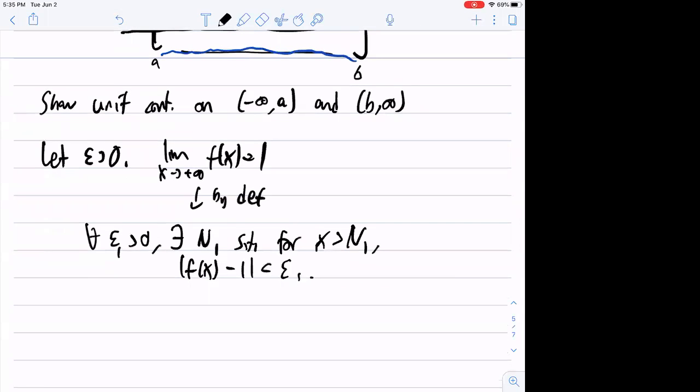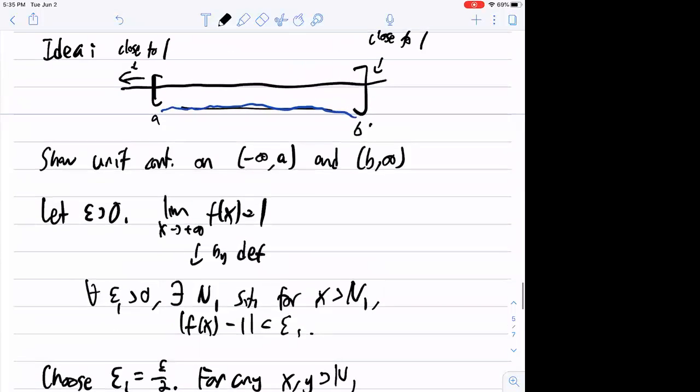So choose epsilon 1 equal epsilon over 2. Then we're done, because we don't even need any deltas here. For any x, y bigger than n1, my b will be n1.